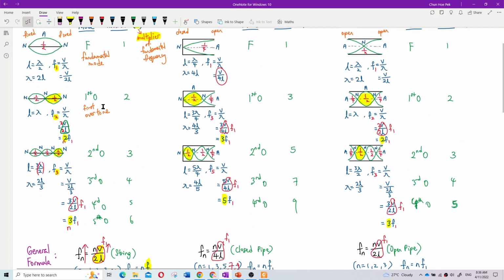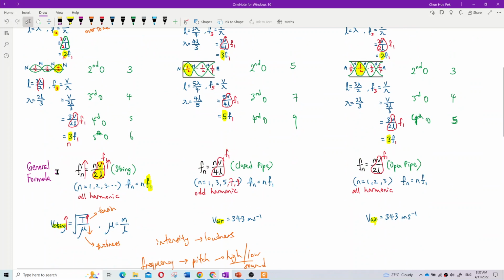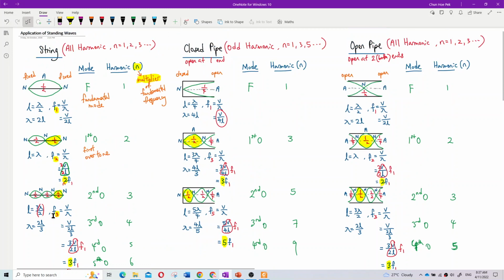So, now, I want you to see one thing. We have a general formula for the string. Just now we have F1, F2, F3. So this 1, 2, 3, what is it represented?